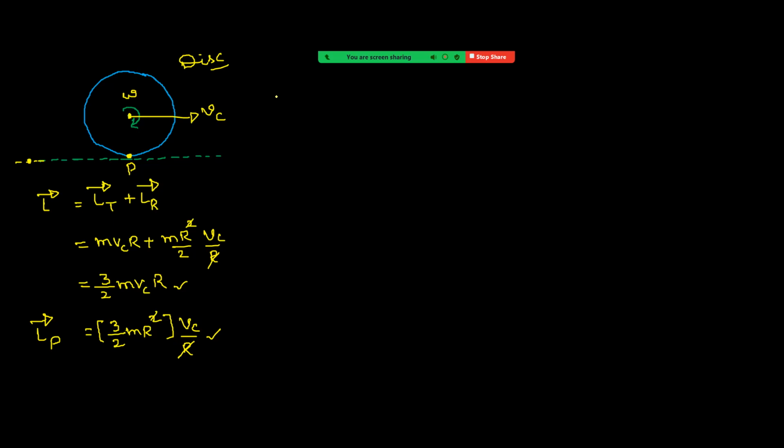For example, we want to calculate the kinetic energy of the body. See how we calculate the total kinetic energy. Because of translation, it is half m vc square.